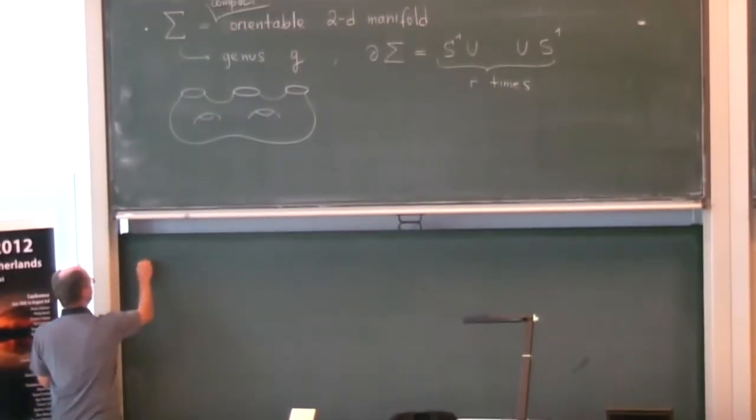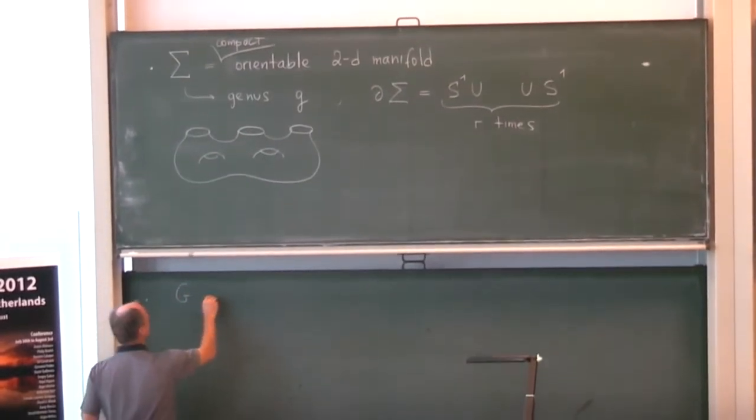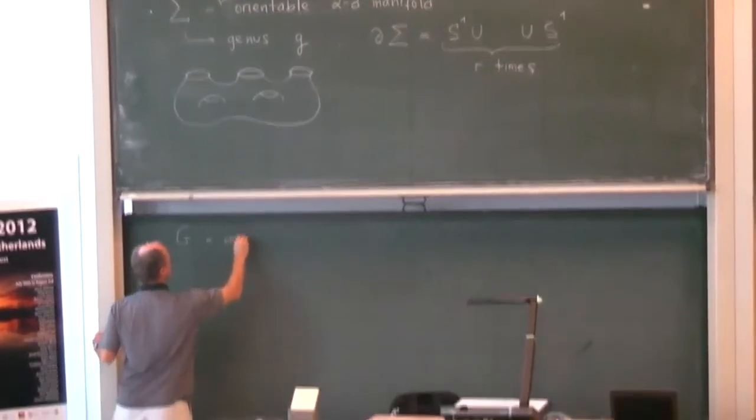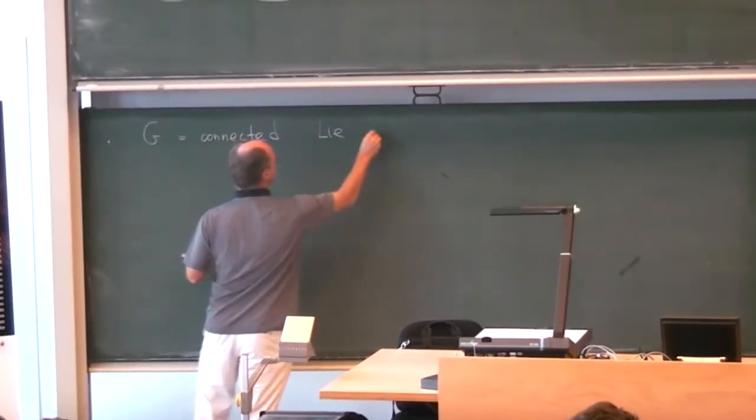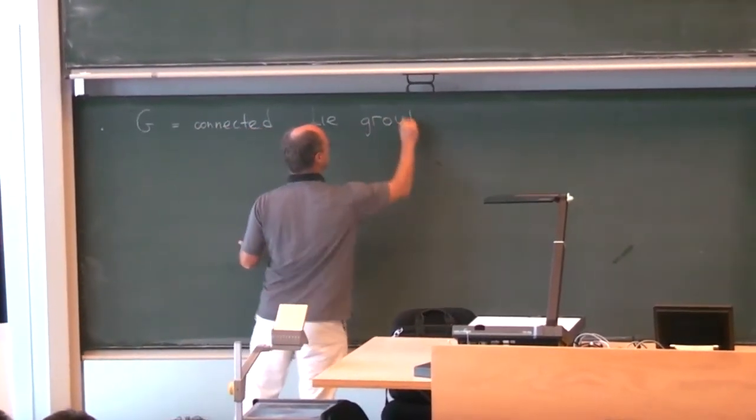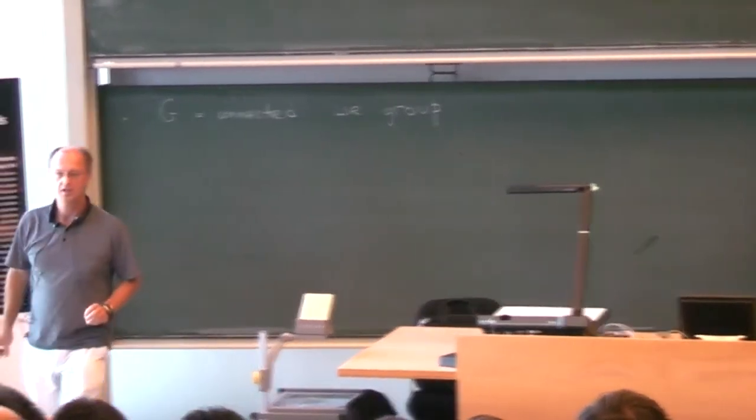So the other piece of data is a connected Lie group, and here we need one more piece of information.